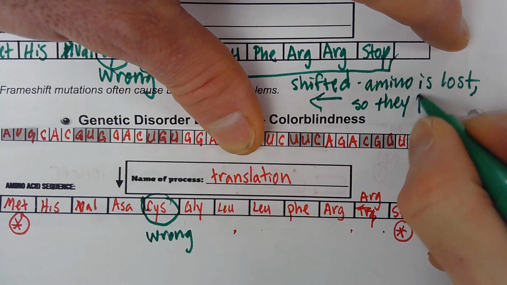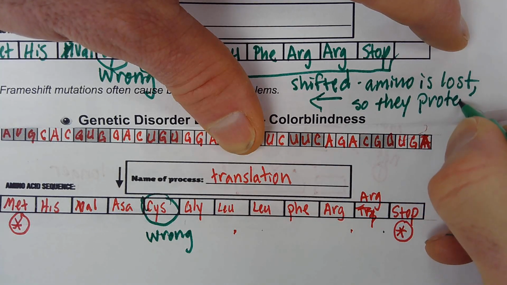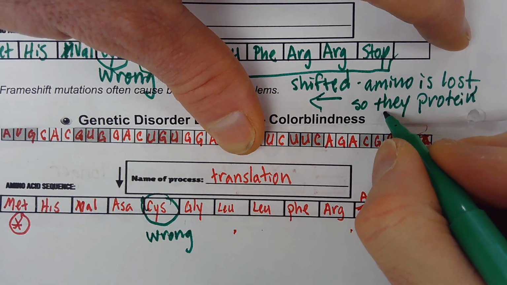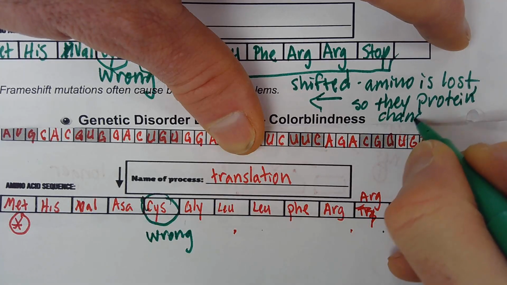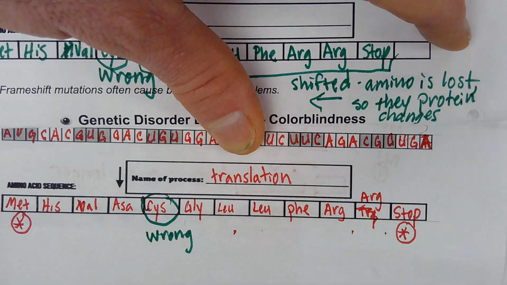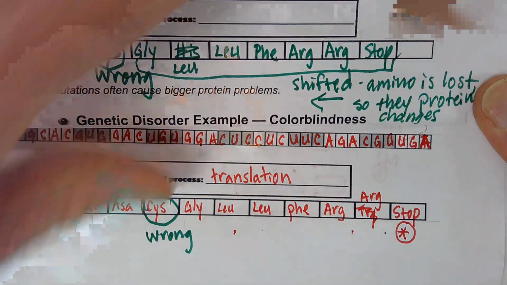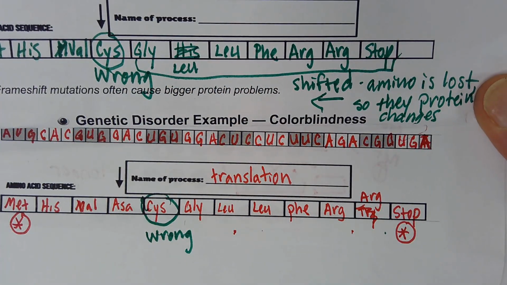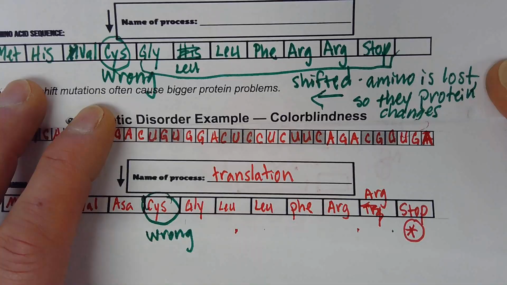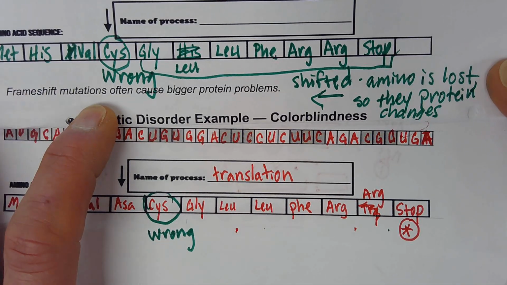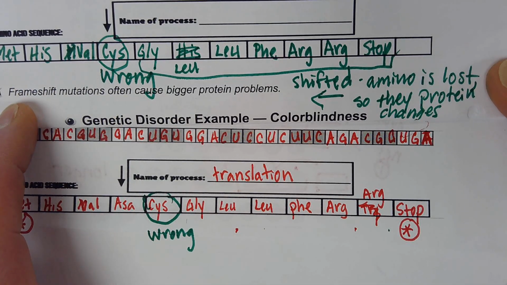So the protein changes. Think if somebody took away one of my Legos, I'm trying to build something, I can't build the same thing if I'm missing one of the Legos. Or putting together a puzzle. If I accidentally drop one of the puzzle pieces on the ground, I can't put the puzzle together. It's not going to work.